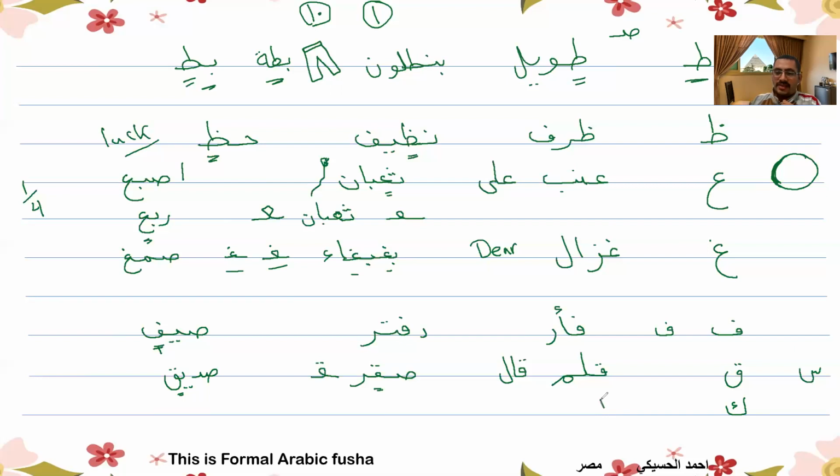It has a neck, written like this. As in kalb, note that it is four or three spaces. Kalb means dog, an animal.